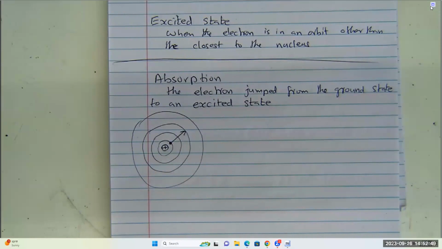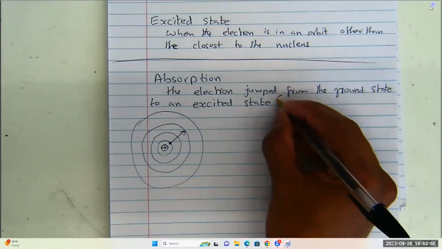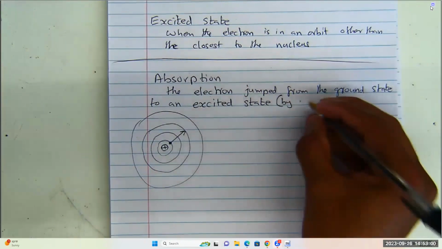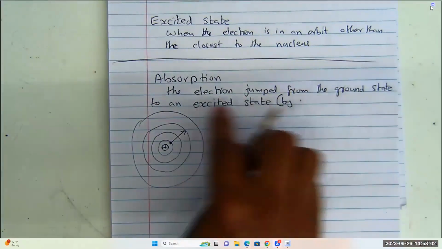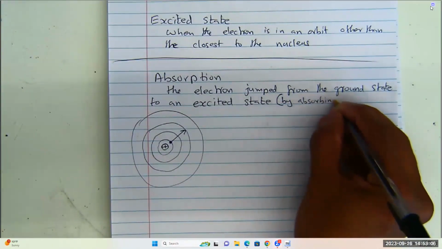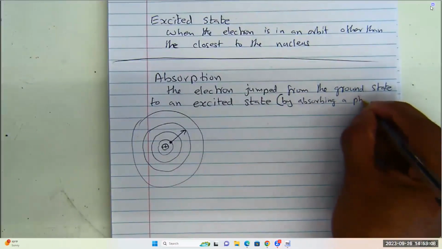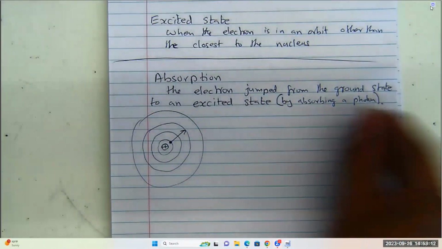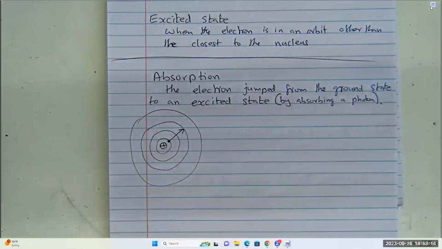This is what is happening during light absorption. In parentheses, we can write by absorbing a photon. The electron jumps from the ground state to an excited state by absorbing a photon. Absorbing light. It's redundant though, because we already mentioned absorption here.